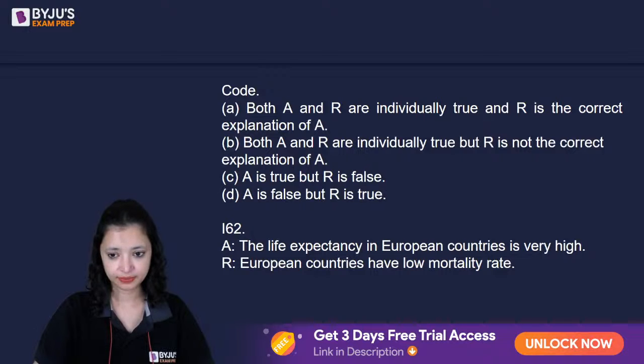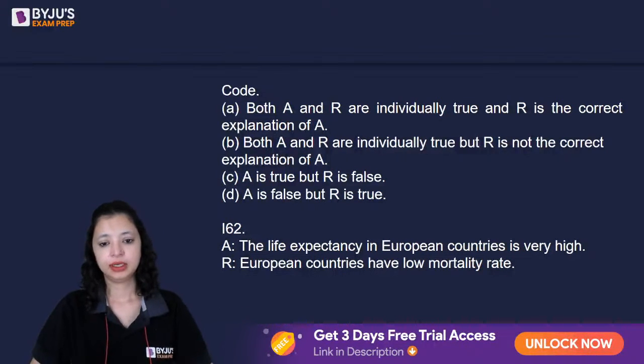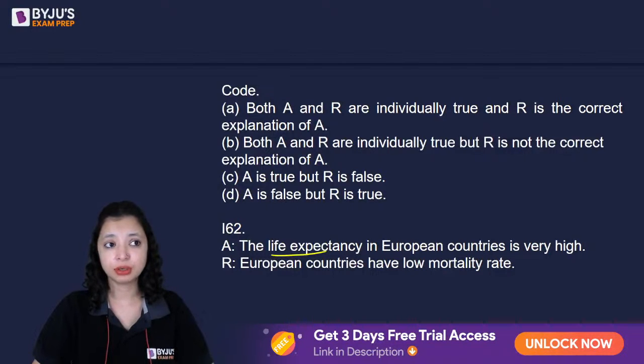Okay, GK. B, A. चलो थोड़ा सा जीके पढ़ते हैं. लाइफ एक्सपेक्टेंसी क्या होती है, कौन बताएगा? What is life expectancy? Average number of years a person may live in a country, not survive, है ना? So for example 50 साल एवरेज हमारे कंट्री में लोग जीते हैं, 60 इयर्स जीते हैं.